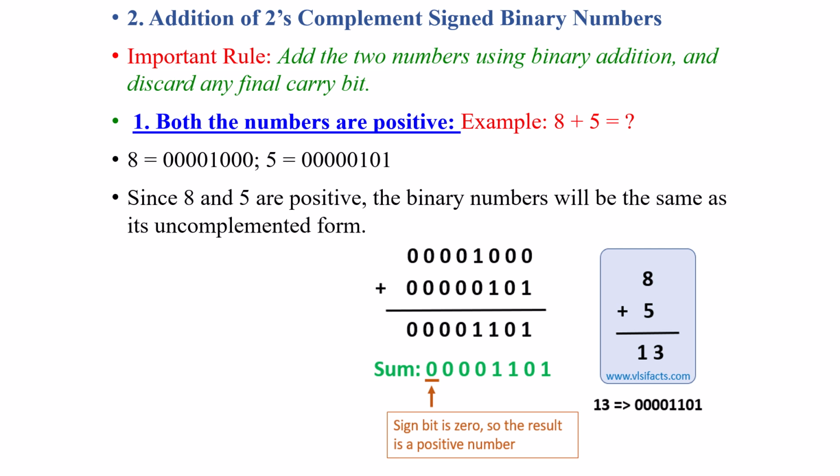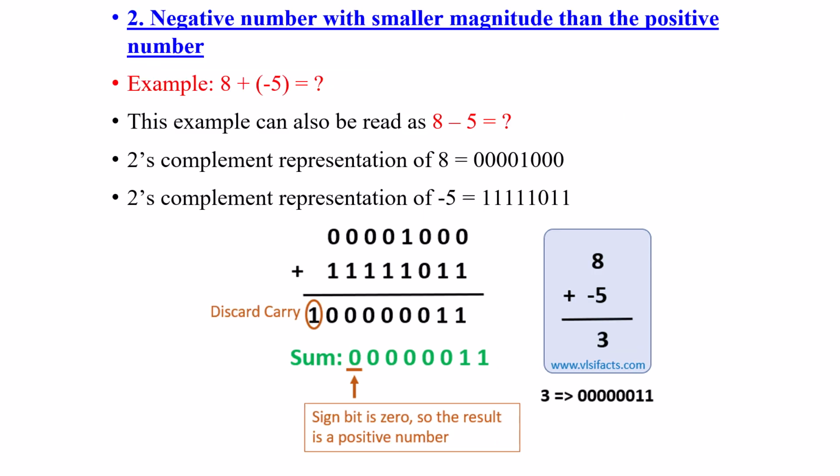So let me see the addition using 2's complement. As we know, if both are positive numbers, we take the binary of those numbers and do the addition. If it is a negative number with smaller magnitude than the positive number, we have to find the 2's complement of this 5.